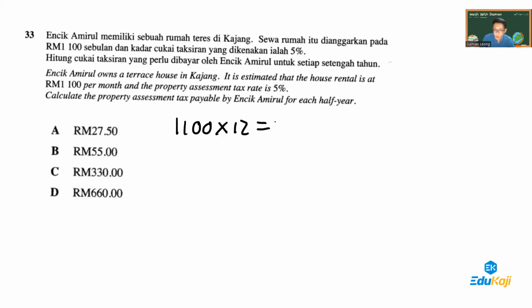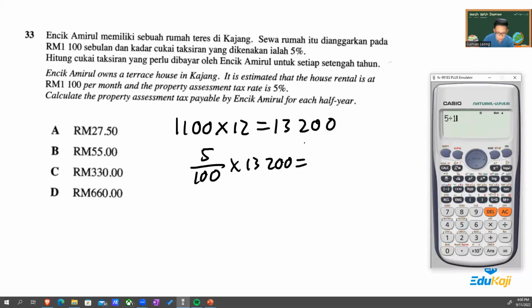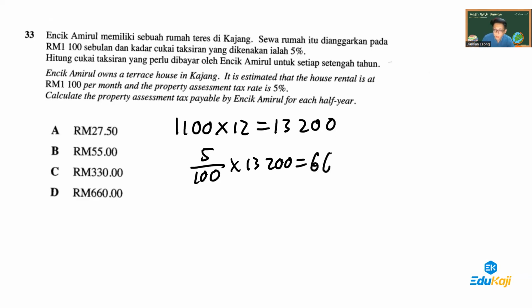So it's 13,200 ringgit. So property assessment tax is 5% of that. So 5% of the 13,200 is 660, but this is for the whole year, but it's paid each half a year.